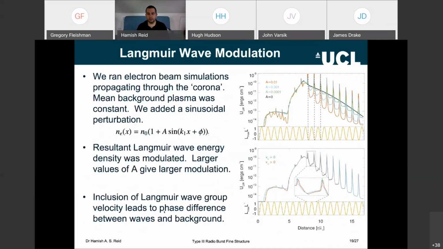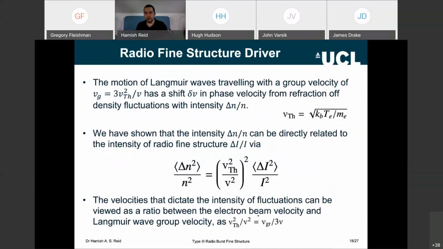And so what we then did is we wanted to more robustly see if this formula actually works, using simulations that take into account more complicated physics.